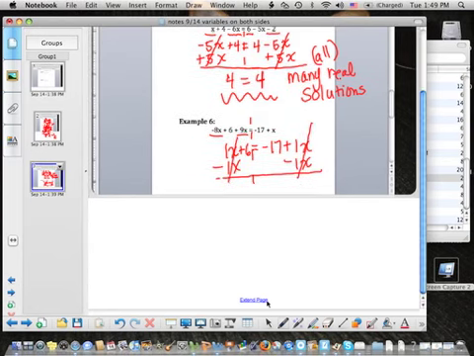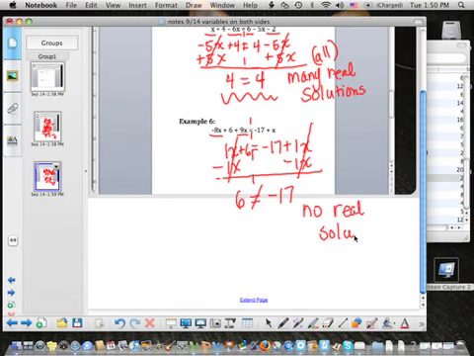Now, when I bring down my answer this time, I've got 6 equals negative 17, and that is obviously not true. 6 does not equal negative 17. So on the first problem I had all real solutions or many real solutions. On this one, I have none. No real solutions. There are no real numbers that you could put into this problem that would make it work. So your letters cancel out on both sides, but you come up with a value that is not true.